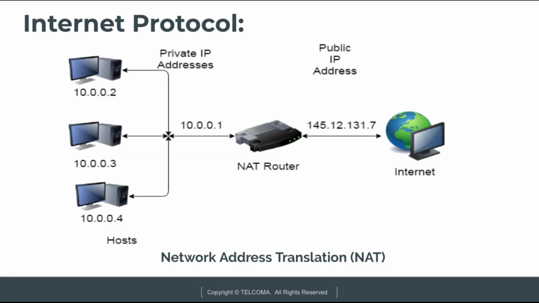This diagram shows how the NAT process works. The NAT technique works well for computers that only have to access resources inside the organization. For example, here the hosts want to access a file server and a printer. The computers in a particular network can access resources from each other, like the printer or the file server.